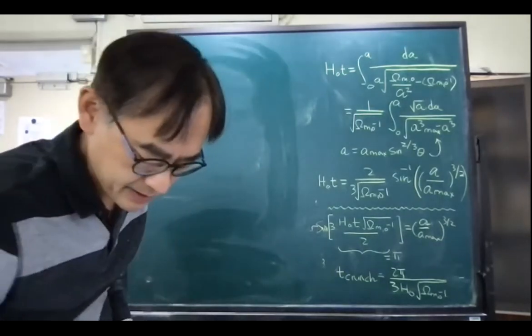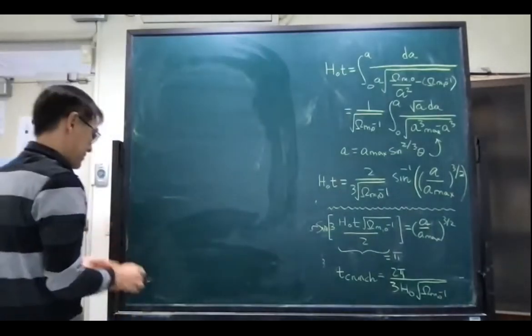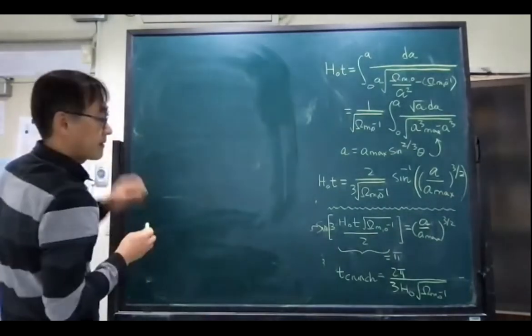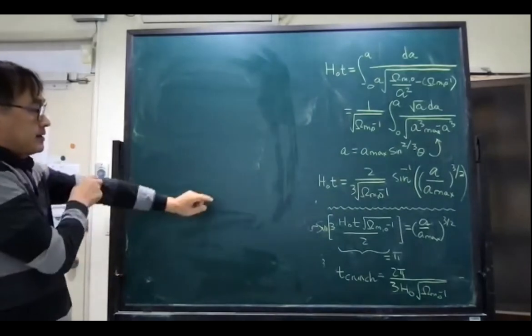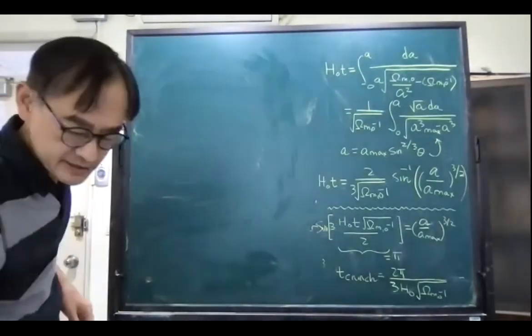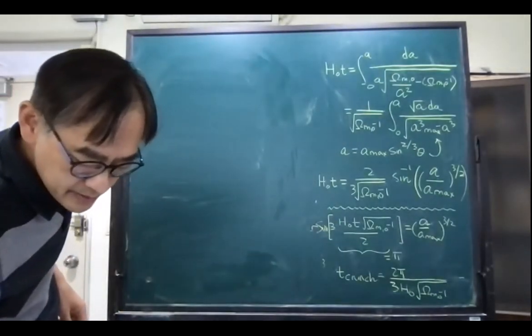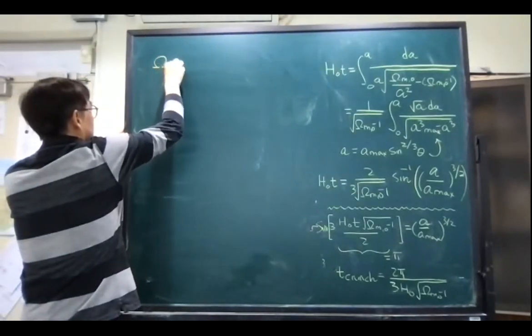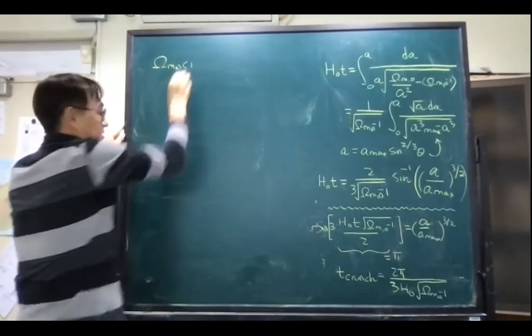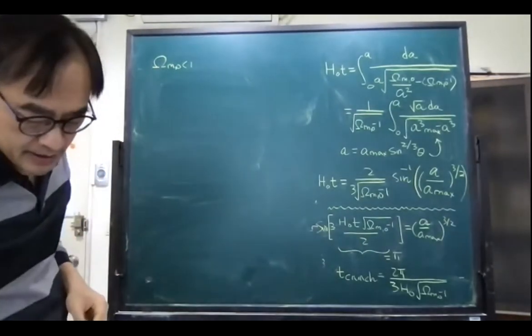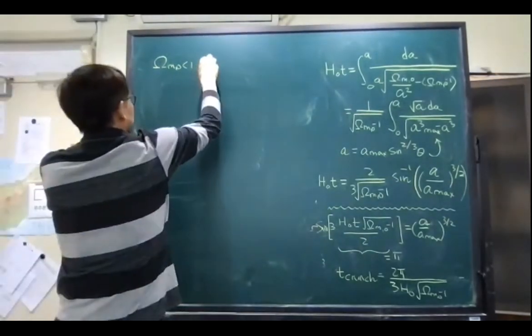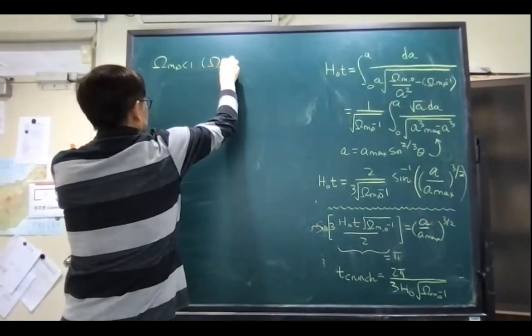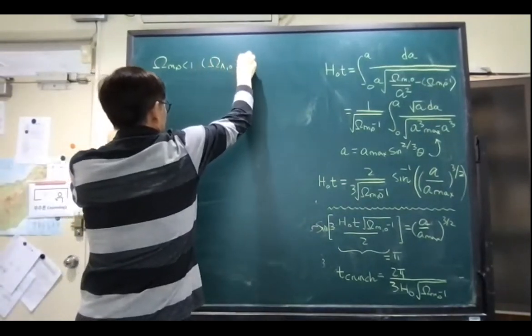So let's discuss omega m0 less than 1. That means omega lambda 0 is greater than 0.